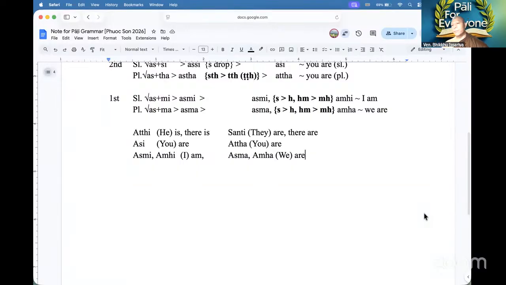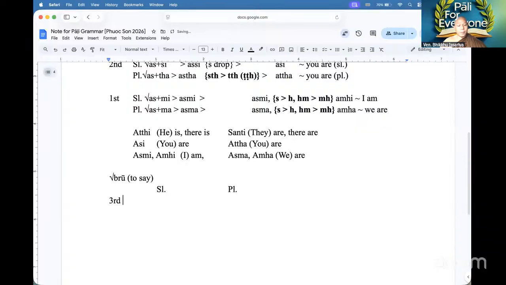So, and then the next root. Root brew. This root brew is not so common, but the root as is very common. So root brew is to say. That root brew also has that base with the present tense, here singular, here plural.